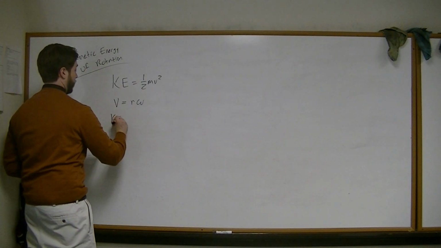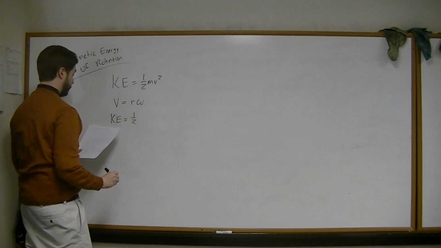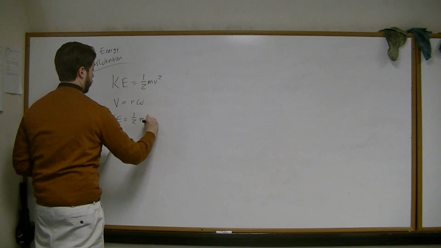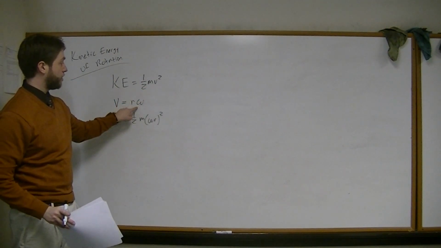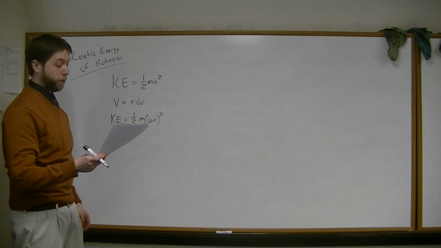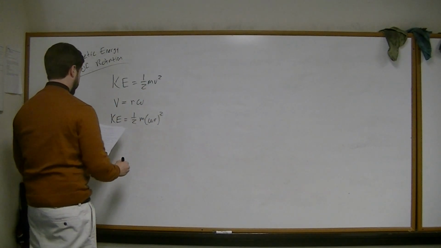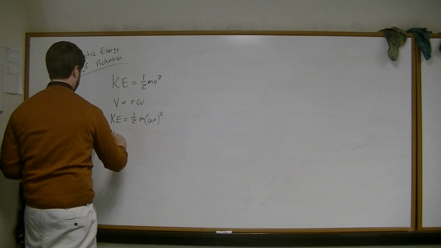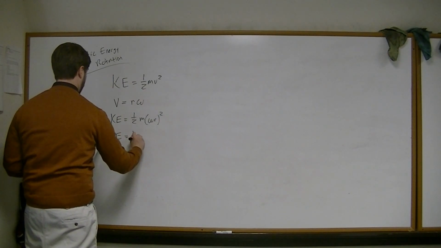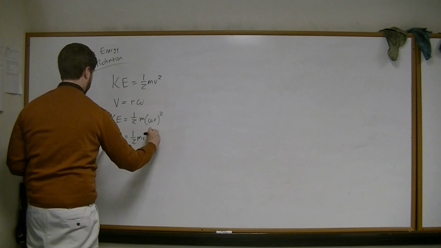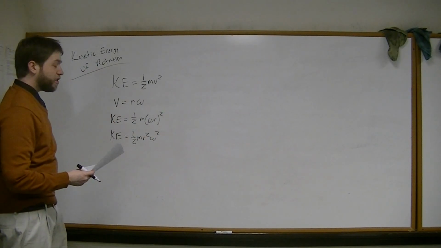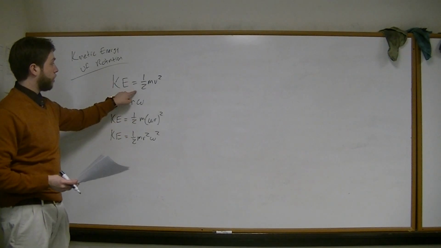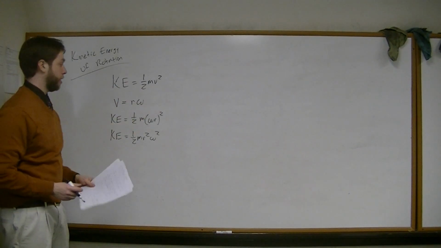So we have kinetic energy is equal to 1/2 m times omega r squared. We replace the linear velocity with r omega, and now we have to square that quantity. So now we're going to get that the kinetic energy is equal to 1/2 m r squared omega squared. Okay? This looks similar to our starting equation, 1/2 mv squared.